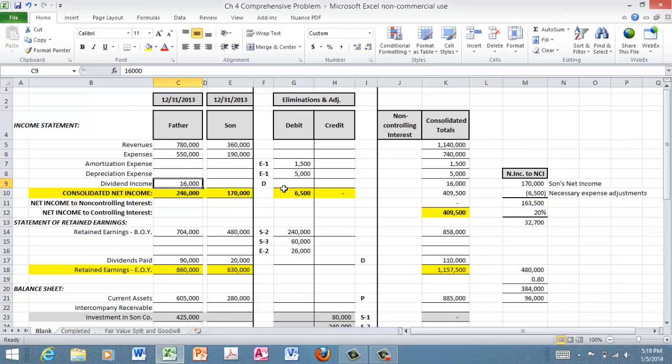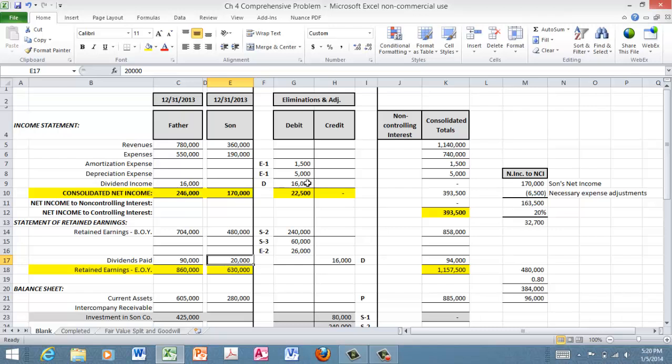So as part of our elimination, we need to get rid of that. So I'll have a debit for $16,000, and now where is my credit on that $16,000? Well, it's not going to be investment. I just look down here, and I can see I have a dividends paid account on the books of Sun, the subsidiary.